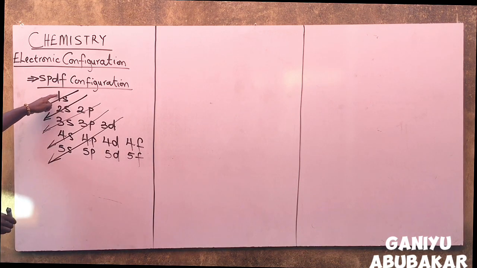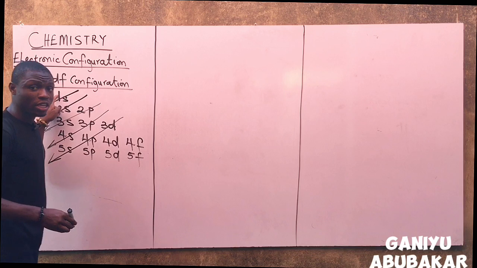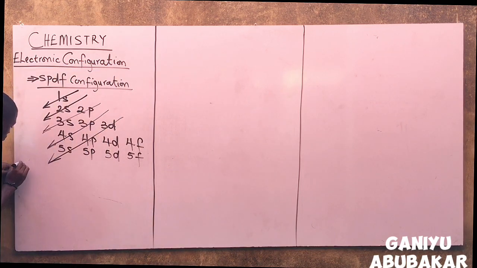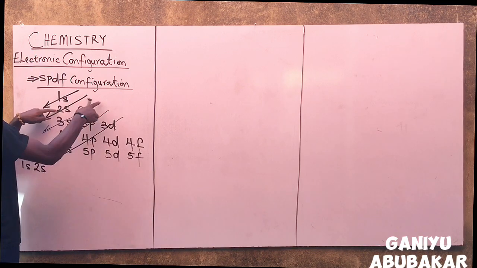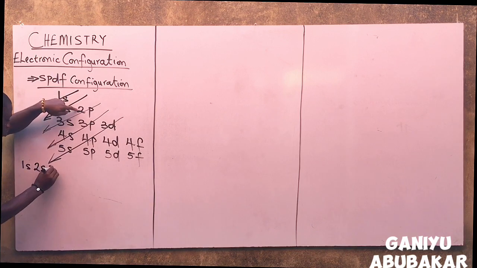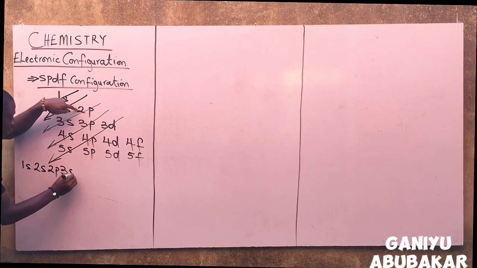My first task is to start with 1s. I'll start with 1s here. Next up, 2s. I'll have 2s. This is the next one here. Start with 2p, then 3s.